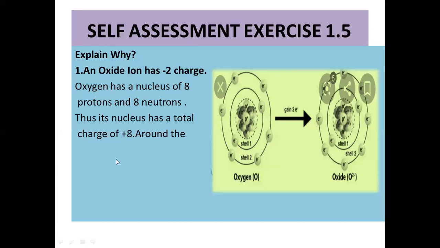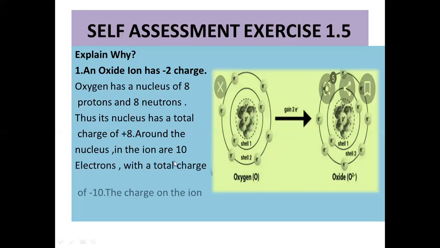Around the nucleus, as atomic number is 8, I told you number of protons and number of electrons are always the same. So around the nucleus in the ion are 10 electrons, and the total charge will be -10 for the 10 electrons.